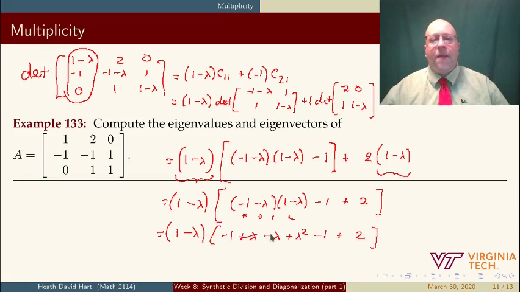Plus lambda and minus lambda cancel. And we're left with lambda squared -1 plus 2. Those cancel. So we have 1 minus lambda times lambda squared.